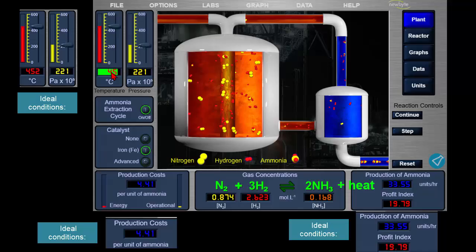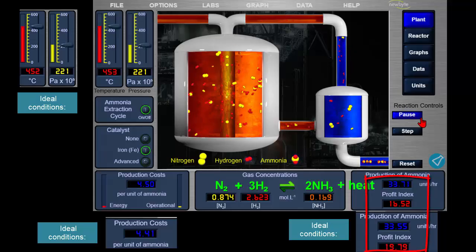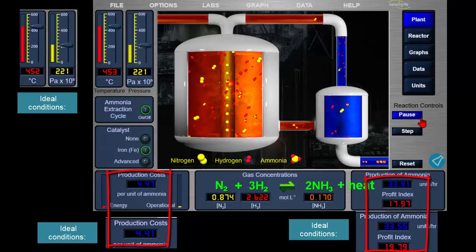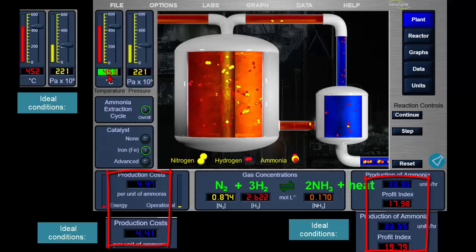Even though that will cost more, it may be significant, and the profit goes down. So just comparing, the production costs went up a tiny bit, and the amount of ammonia we got went up a tiny bit, but the profit went down a tiny bit. So that's not the ideal. 452 is still better than that.